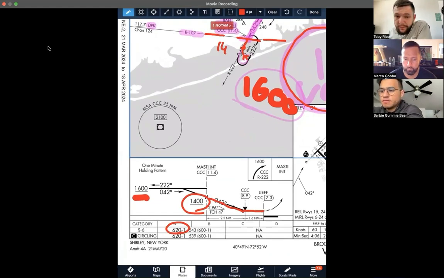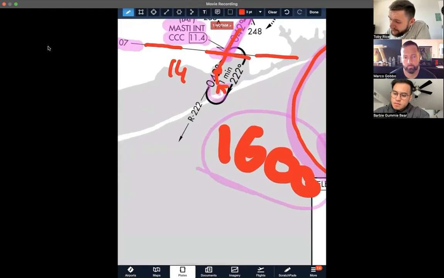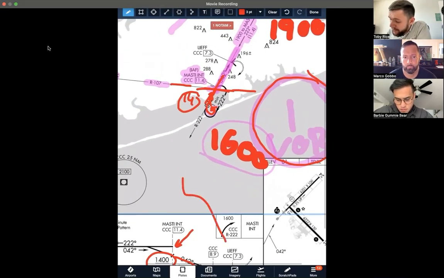Now, one thing that's important, since I don't have DME, is I have to start my timer when I cross Masty. So when I hit Masty, several things happen, right? I first went out, did my course reversal, descended to 1400, turned back in. When I cross the radial, what do I do? I start my timer. Whoops.